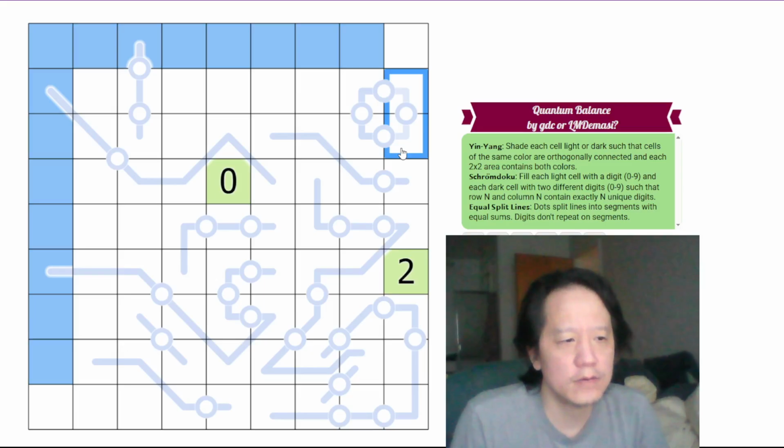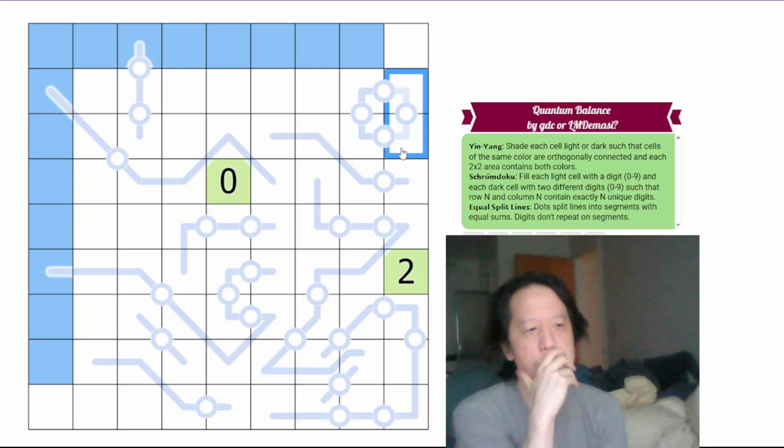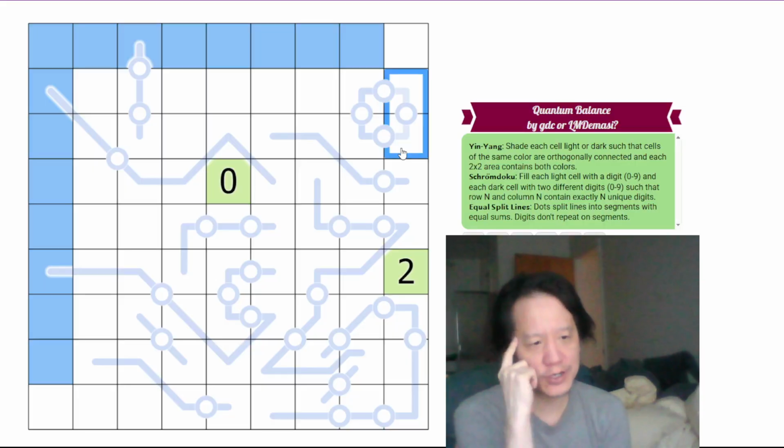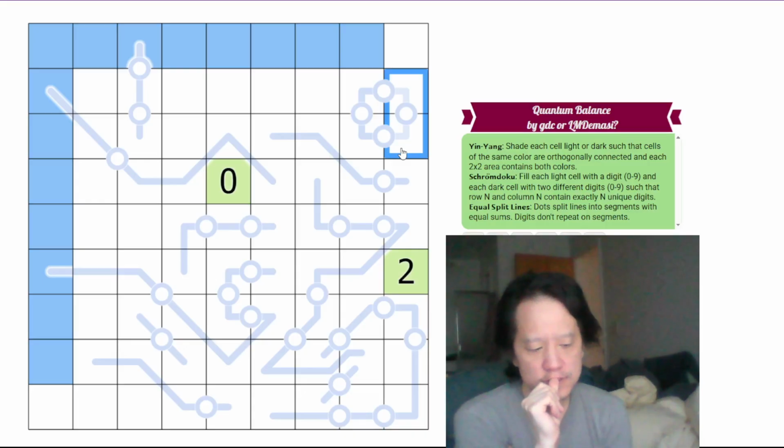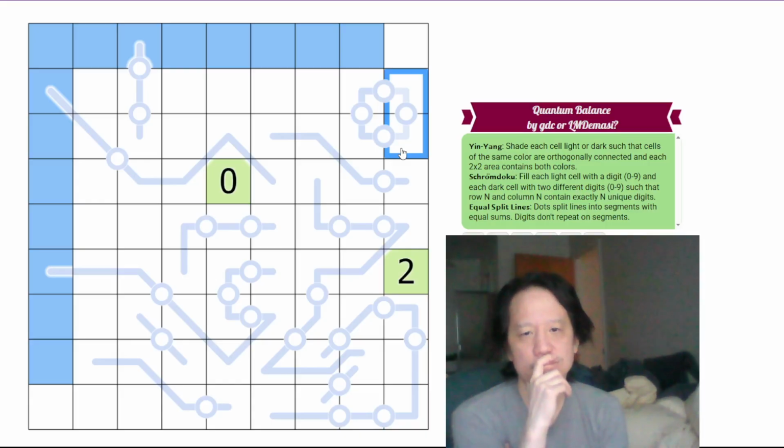Wait, can we? Yes, we could have 2 blues. Interesting. Or it could be 2 greens.